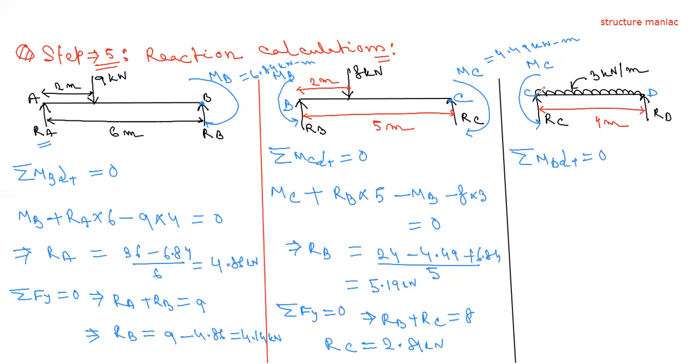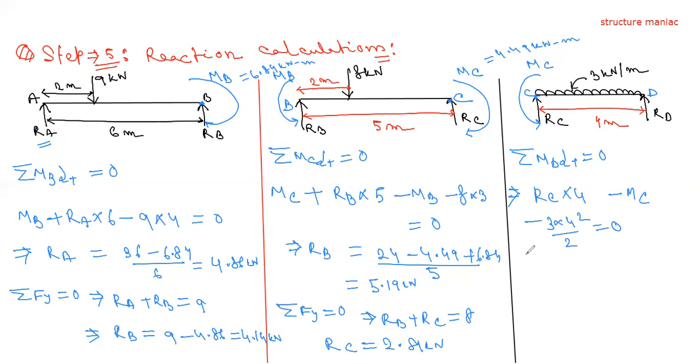You can also take the moment about C or about B, whatever you want, and you will get the same values. Here for these cases, we will get RC into the distance 4, minus the anticlockwise moment MC, and for the UDL load we will have a negative moment, so minus 3 into 4 squared by 2 is equal to 0.